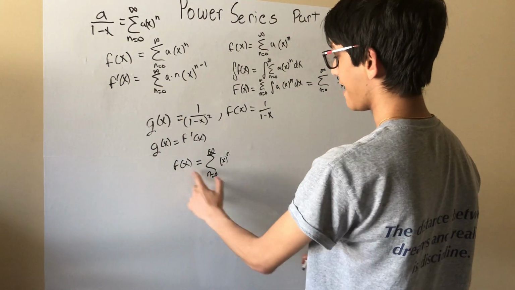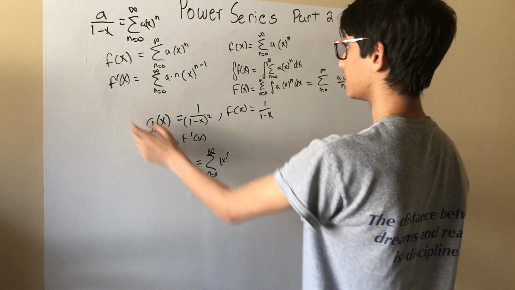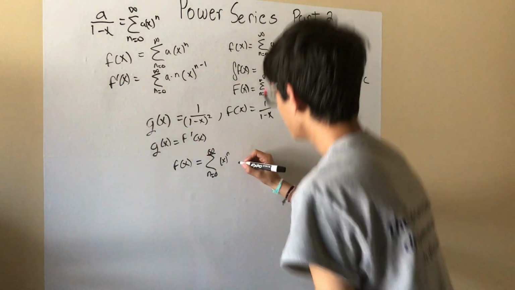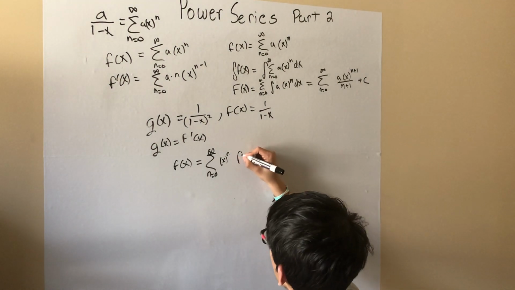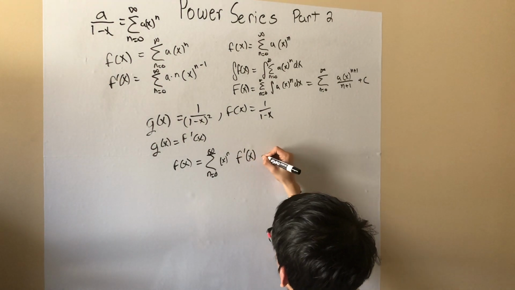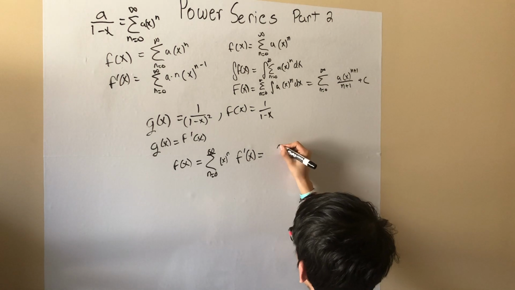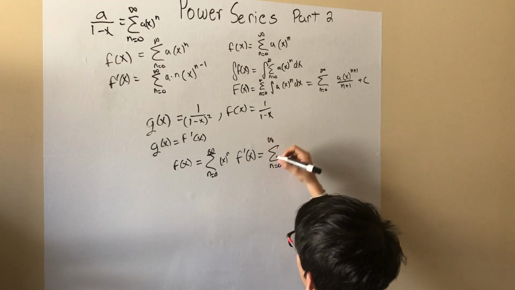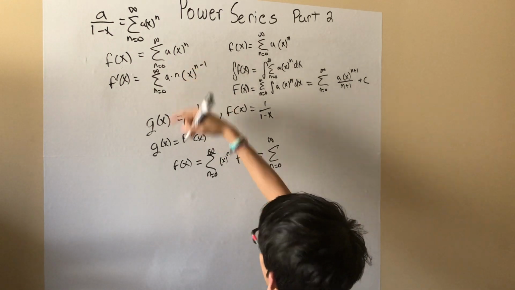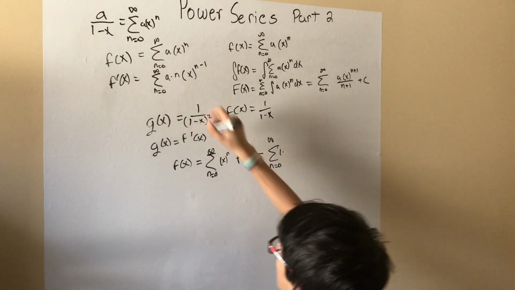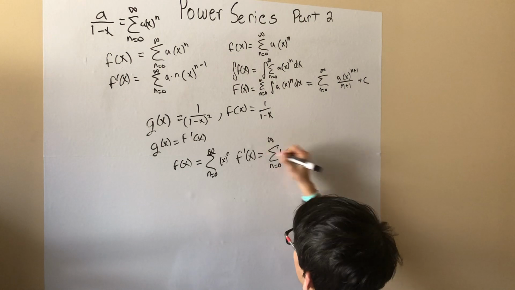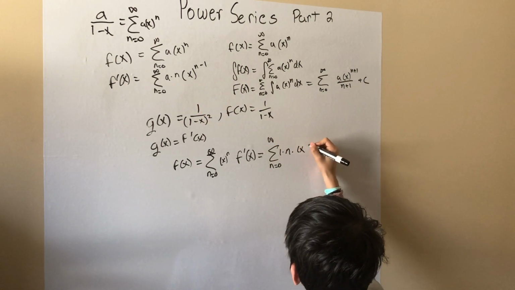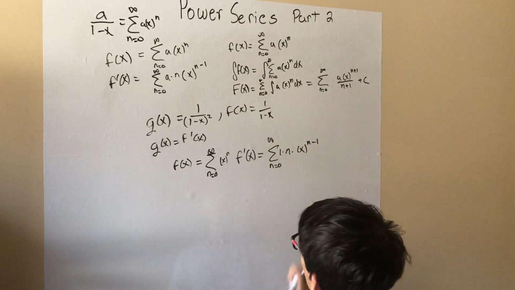So now you can find f prime of x, right? Using this right here. So then f prime of x equals the sum from n equals 0 to infinity, where a is equal to 1, of n times x to the n minus 1.